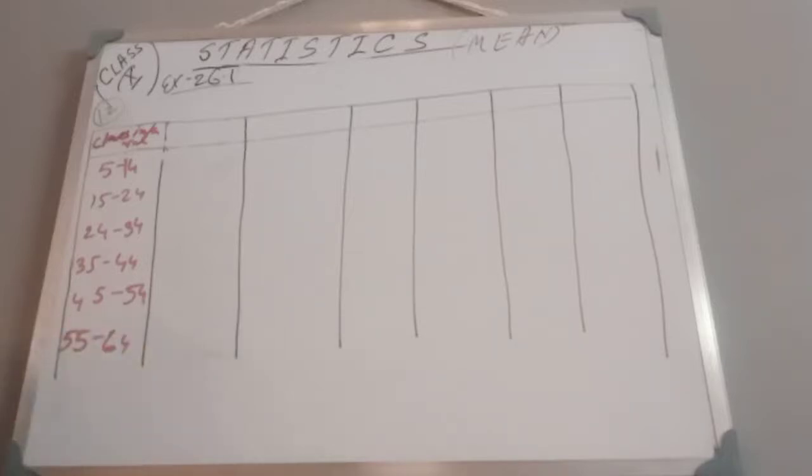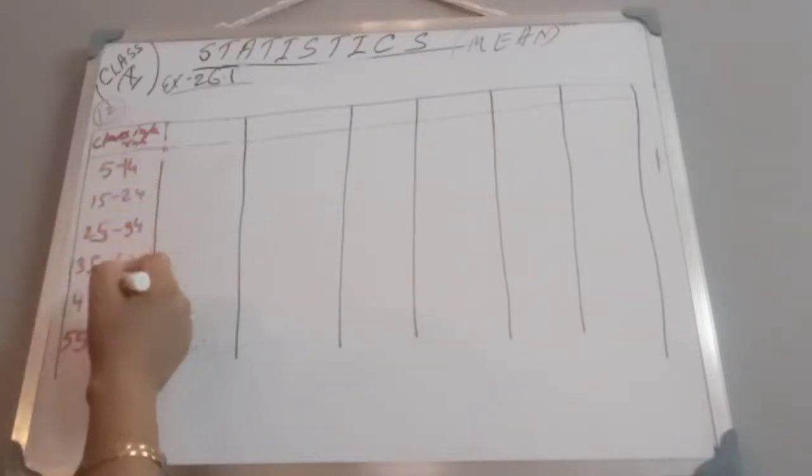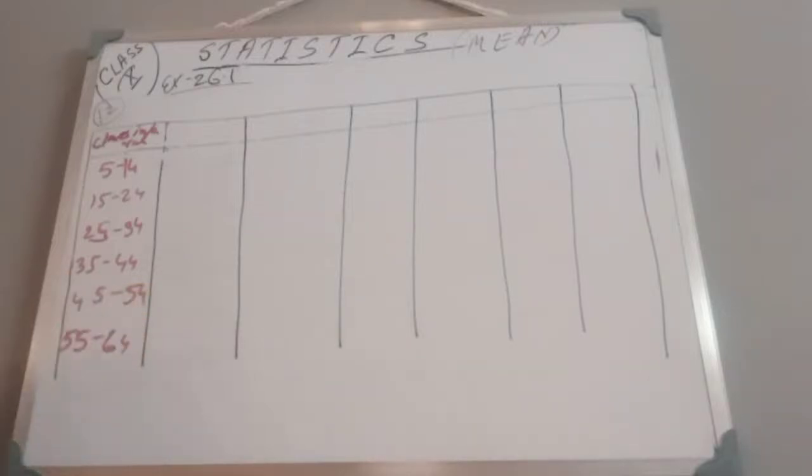These are given to us. 14, 15, 24, 25, 34, 35, 44, 45, 54, 55. It's okay. Next, class interval done.